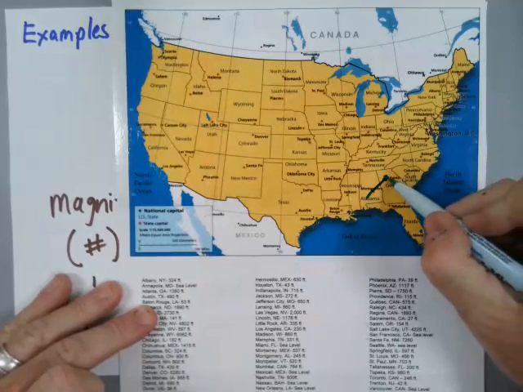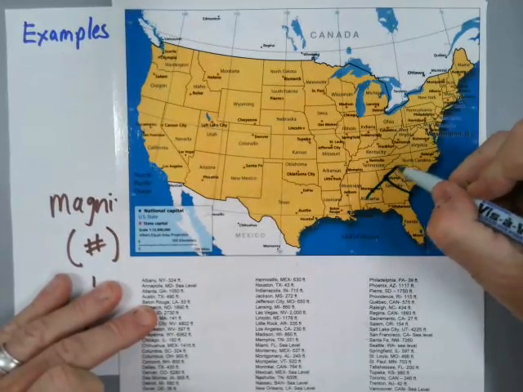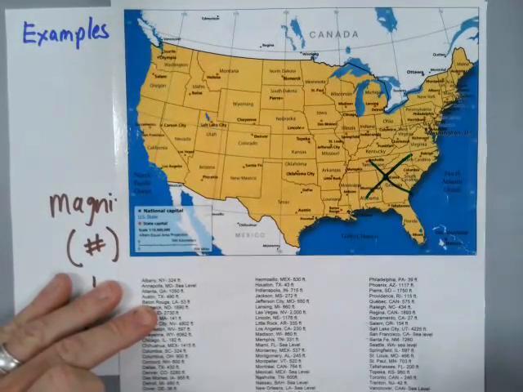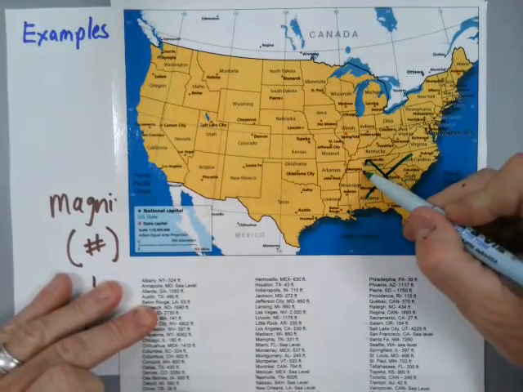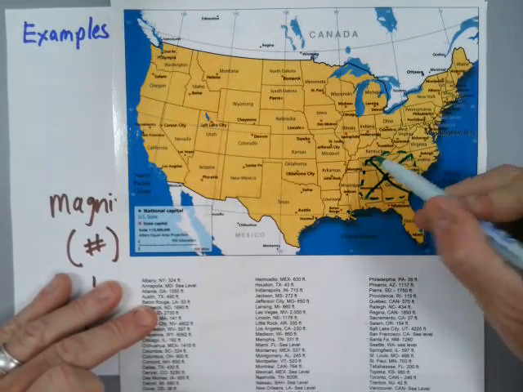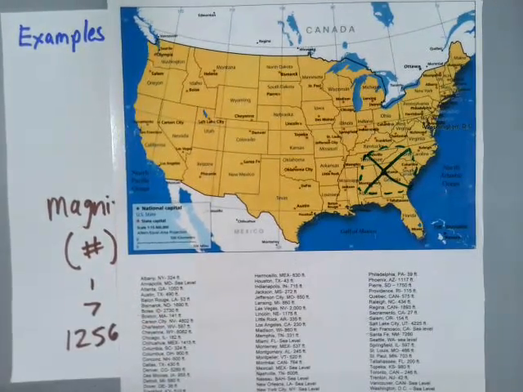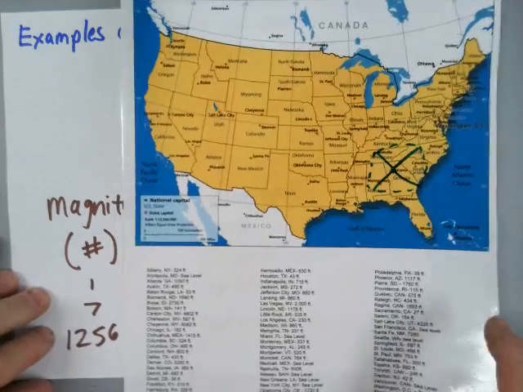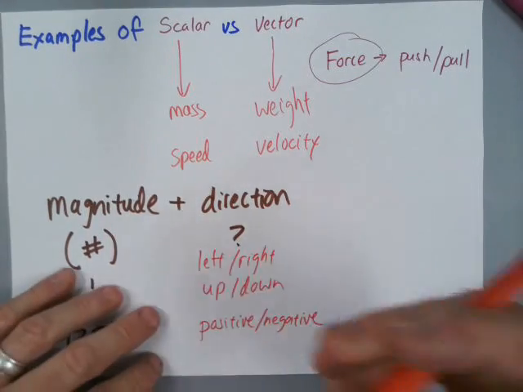Maybe that's 100 miles, that's 100 miles, that's 100 miles, or that's 100 miles. So you could have anything within that circle be at a distance of 100 miles. Well, that doesn't tell you which way you moved or your direction from Atlanta. So the term distance is a scalar quantity. It tells you the how far part, but it doesn't tell you the where. So we're going to add that here.